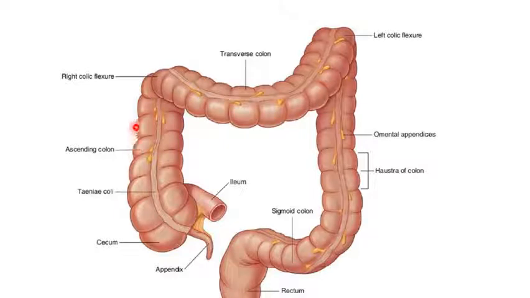And tinea omentalis, which was on the posterolateral surface, will lie on the superior surface. This is the superior surface. So only in the transverse colon are the positions of these three tinea changing. In the rest of the colon, ascending, descending and sigmoid colon, all three tinea keep the same positions.